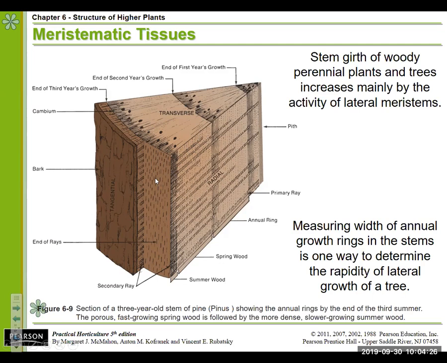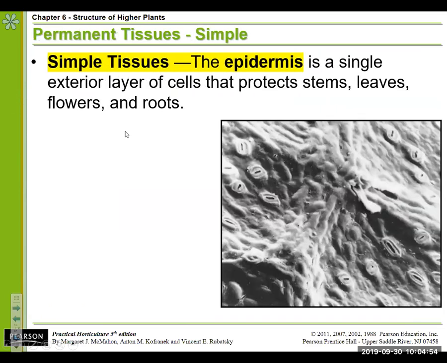So this is where we get coring to figure out the age of plants. We'll take a horizontally extracted core of a woody plant and count these rings, because each ring is basically where that cambium quit making that year's xylem and phloem on the other end.